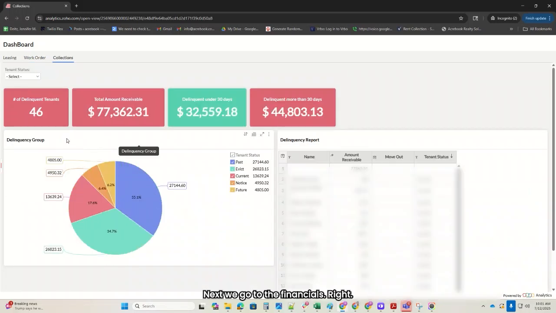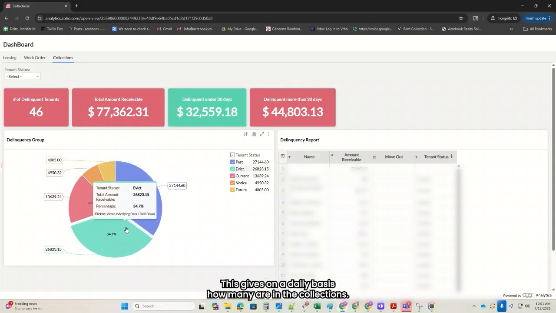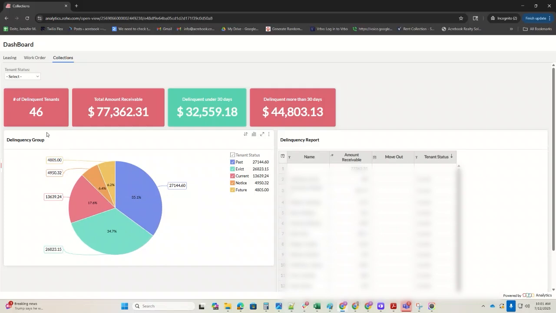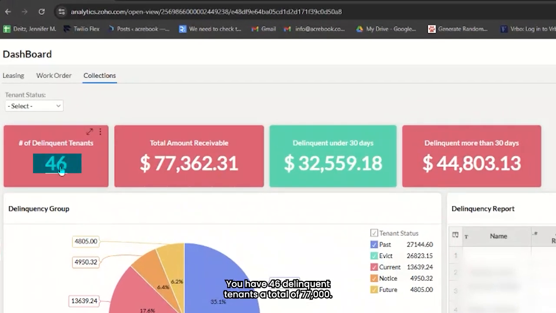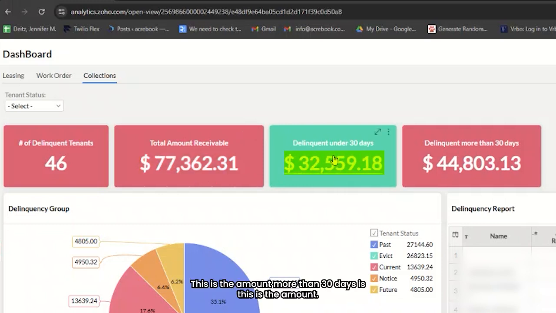Next, we go to the financials, right? You want to know about the collections. In the financials, this is mostly focused on the collections part of it. In the collections, this gives on a daily basis how many are in the collections. You have 46 delinquent tenants, a total of 77,000 delinquent, and under 30 days this is the amount. More than 30 days this is the amount.